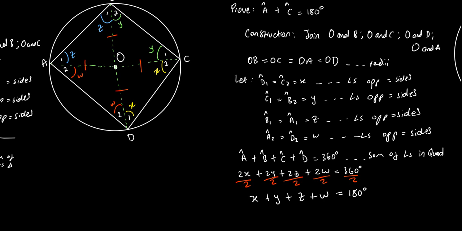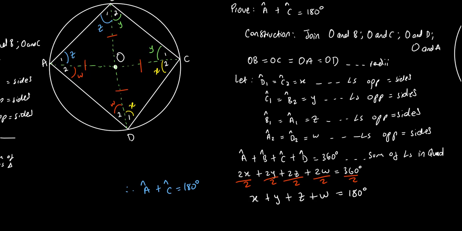But how? Wait. Look at angle A. Angle A is what? Isn't it Z plus W? Angle C, isn't it X plus Y? So you simply say, therefore, angle A plus angle C is 180 degrees.